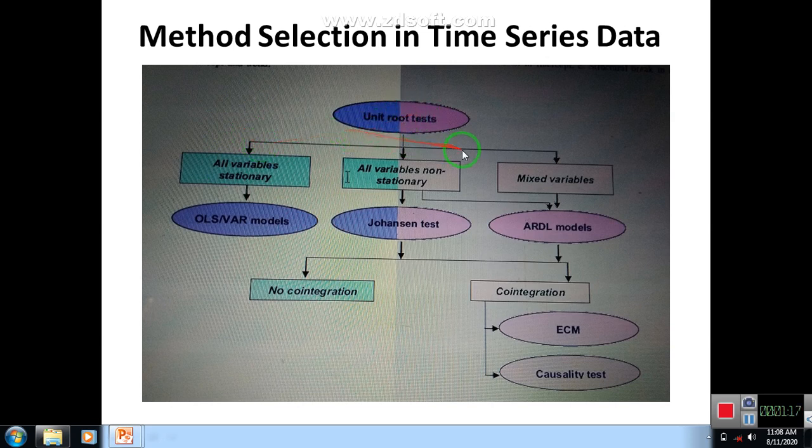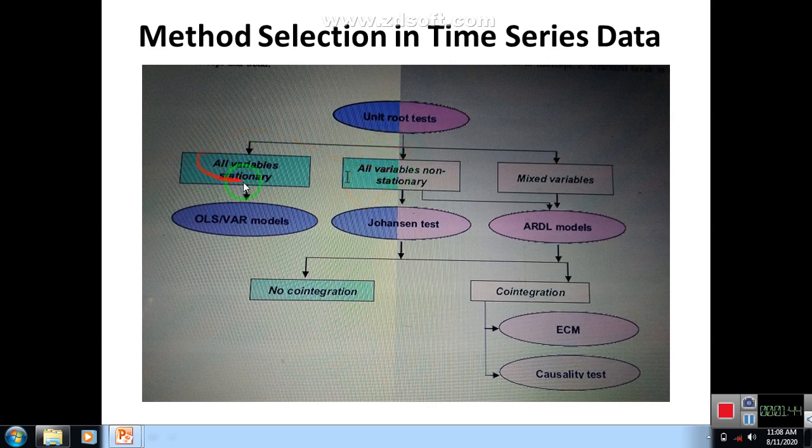The next situation may be if all the variables are non-stationary at level. Then we have to take their first difference to make them stationary. When we take the first difference, they will become stationary and their order of integration will be I1.